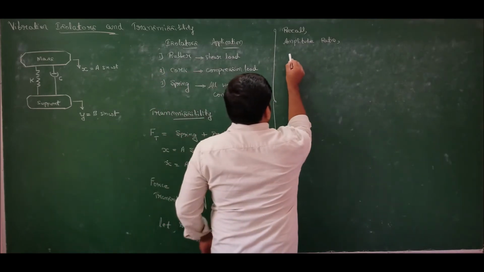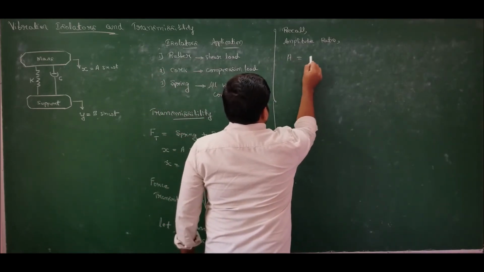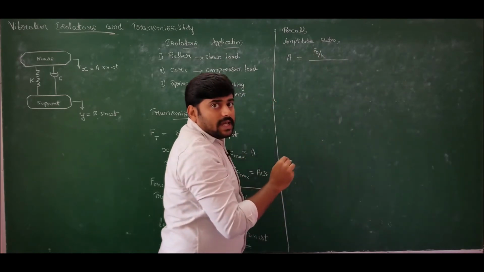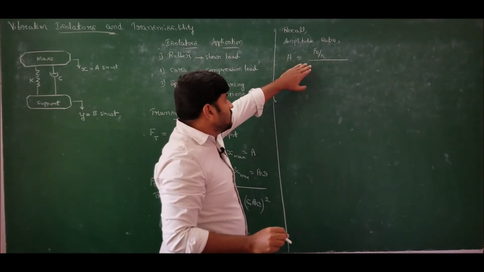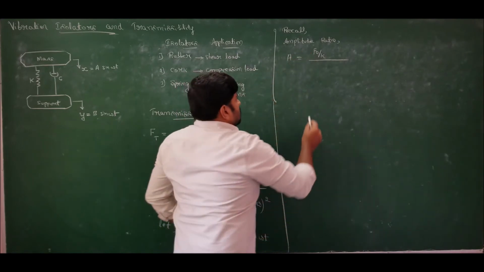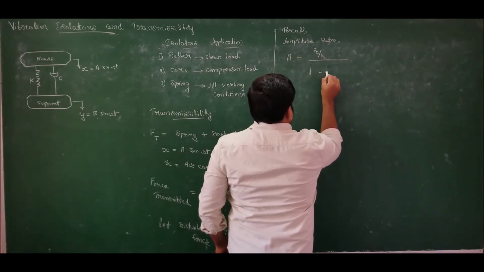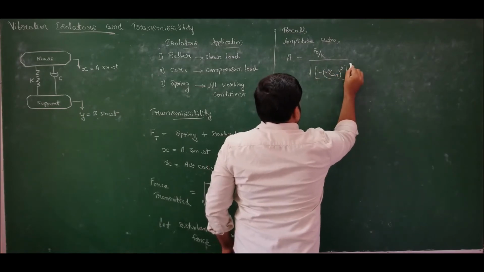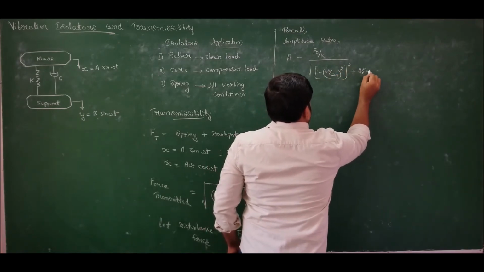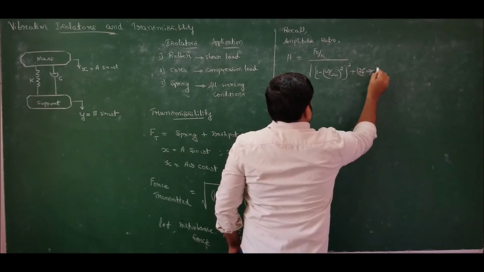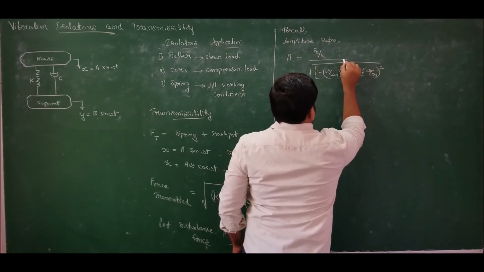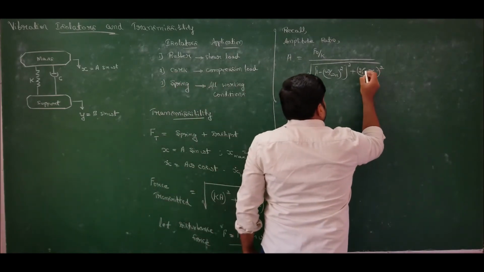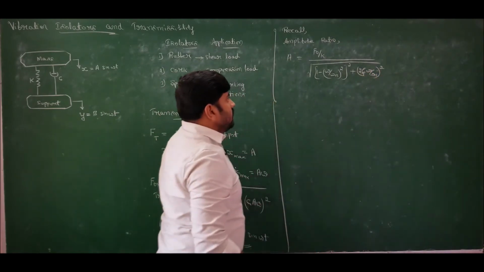The amplitude ratio is given by what? A is equal to F0 by k, which is nothing but the static deflection divided by square root of (1 minus (omega by omega n) whole square) whole square plus (2 zeta omega by omega n) whole square, under the root.